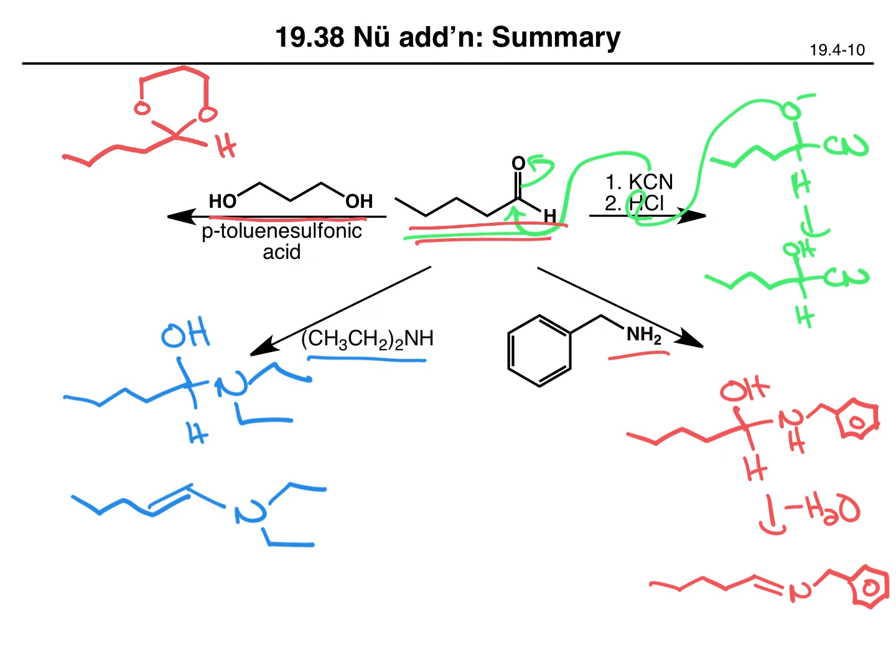So this gives us a cyclic acetal. So as we're looking at the different types of nucleophilic addition reactions, it's important to think about the common features as well as the differences that distinguish one type of reaction from another.